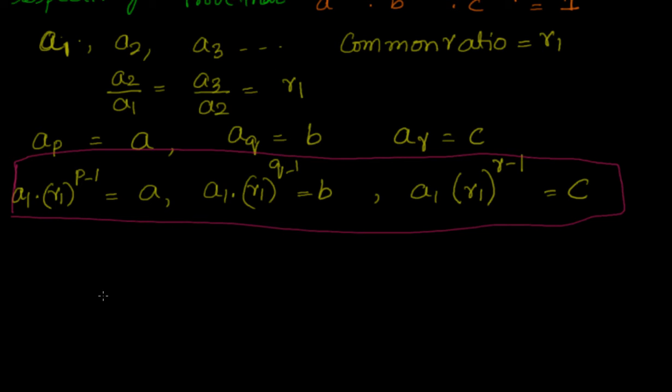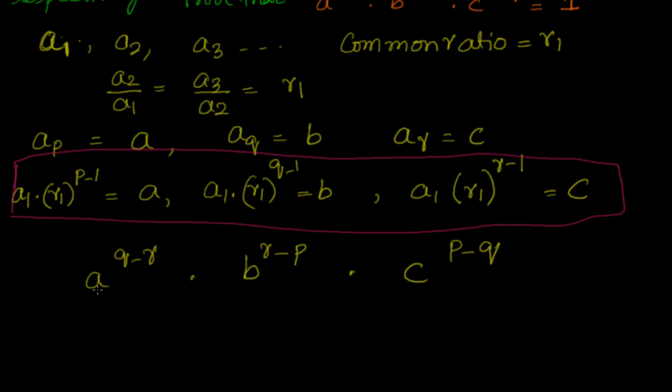I have to prove a to the power of q minus r into b to the power of r minus p into c to the power of p minus q. But you know the value of a here, so I can directly go ahead and substitute that.